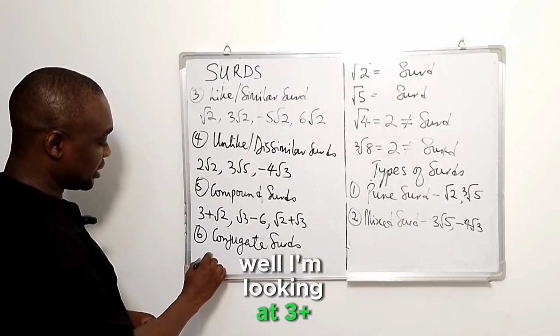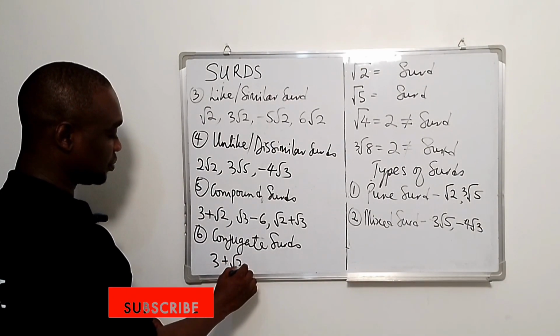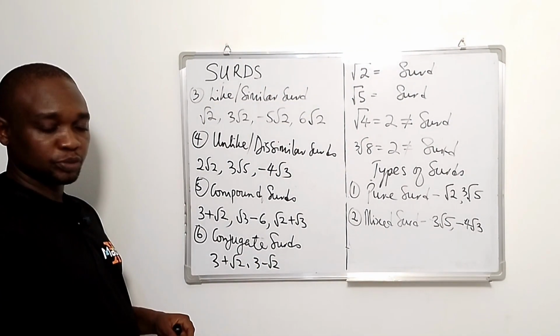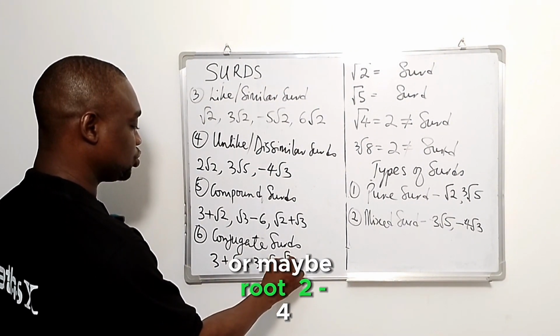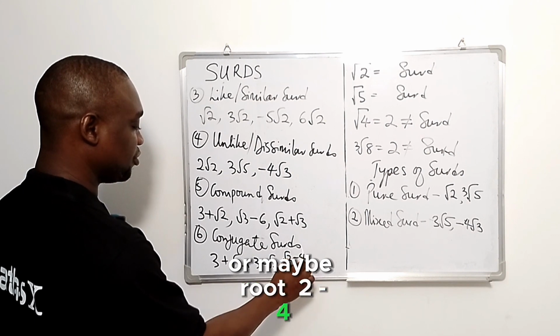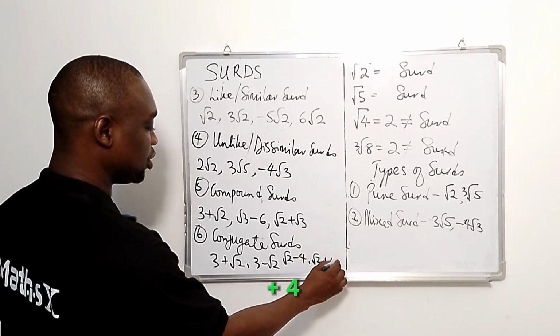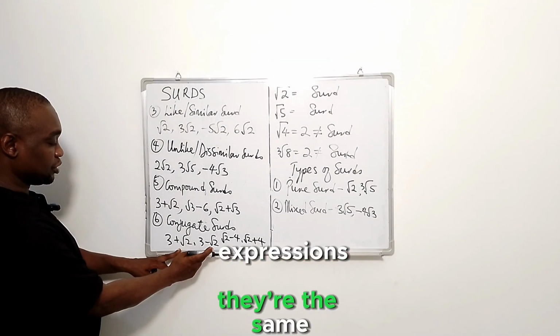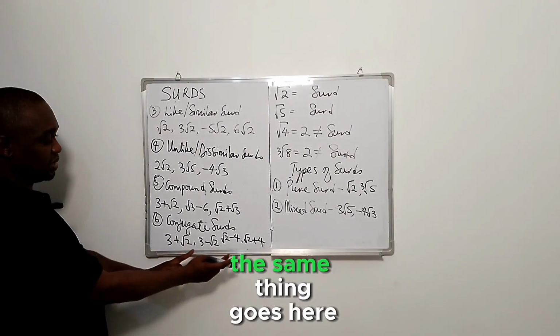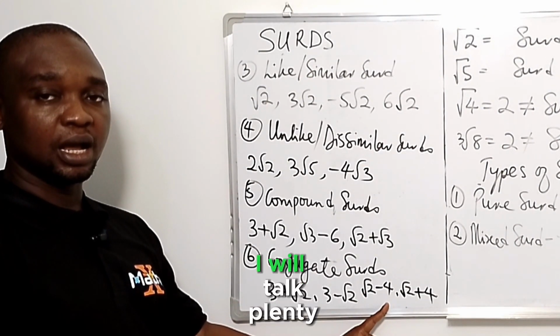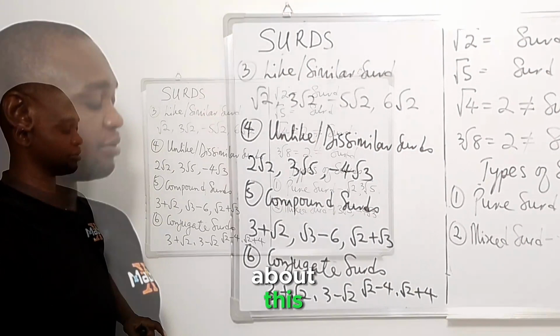So I'm looking at 3 plus root 2. Its conjugate will be 3 minus root 2, or maybe root 2 minus 4. Its conjugate is root 2 plus 4. If you look at these two expressions, they're the same. It's just a difference in sign. The same thing goes here. These are its conjugates. We'll come back to this later and we'll talk plenty about this.